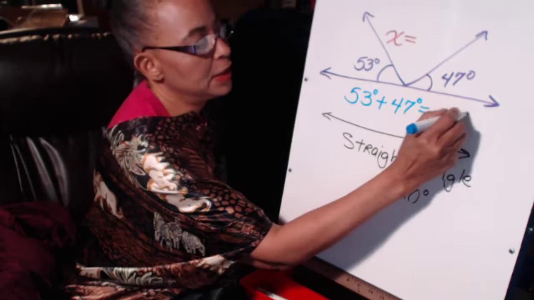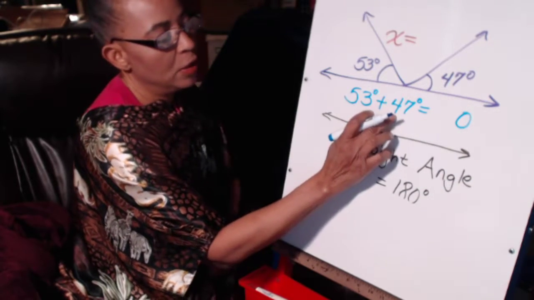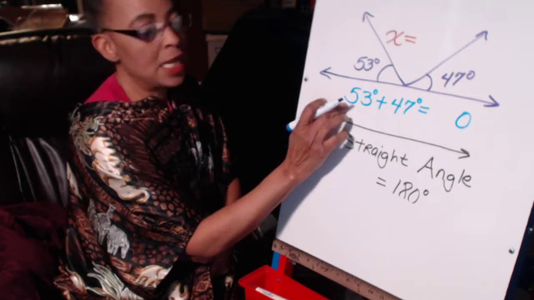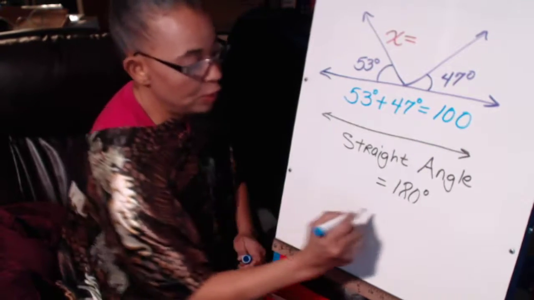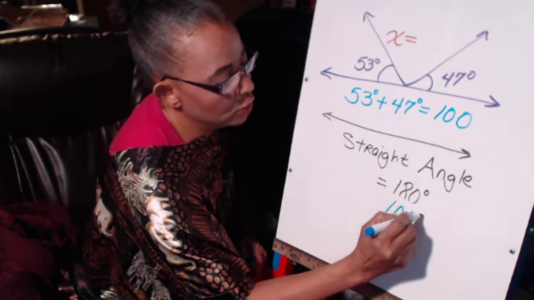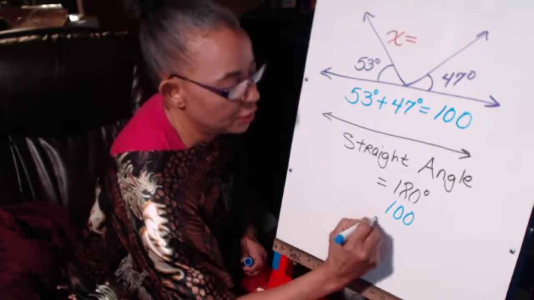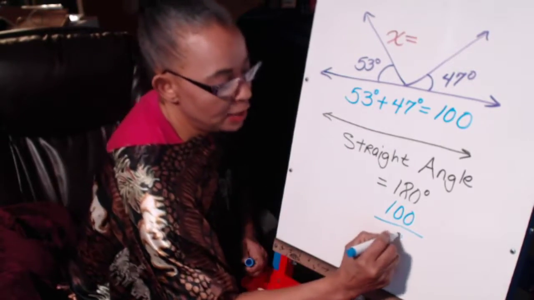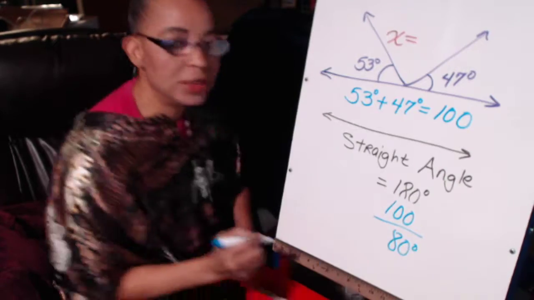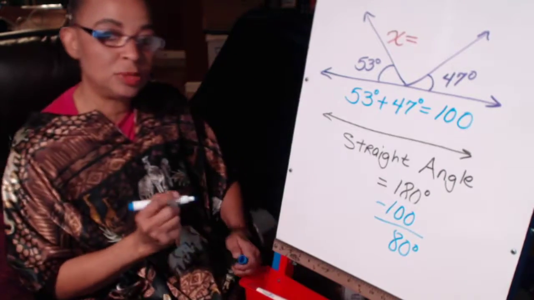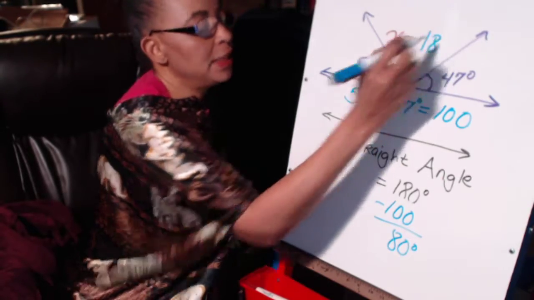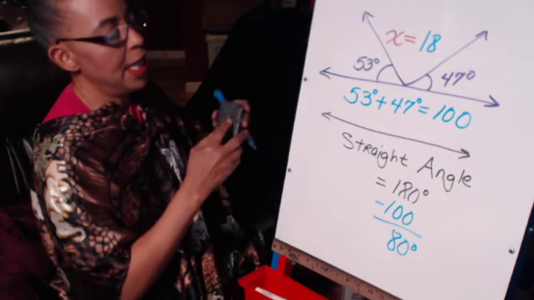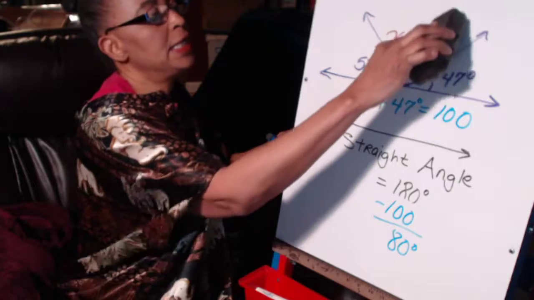7 and 3 is 10. 4 and 5 is 9, plus 1 is 10. So now we know that those two angles are 100 degrees. So that means what's left, once I subtract the 100 from 180, x is simply 80 degrees.